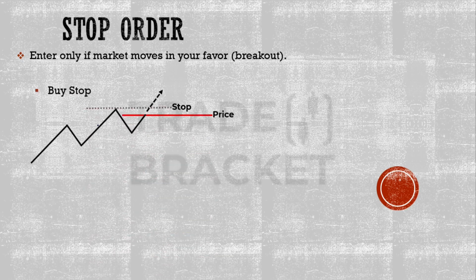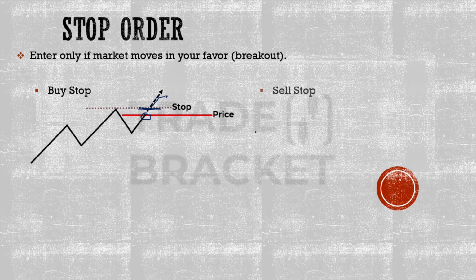For a buy stop, let's say price was at this point right here, and according to your strategy, you think price will continue all the way up. So you place your buy stop just at this point, so that when price hits that point, it will automatically execute that trade for you to continue in that buy direction.